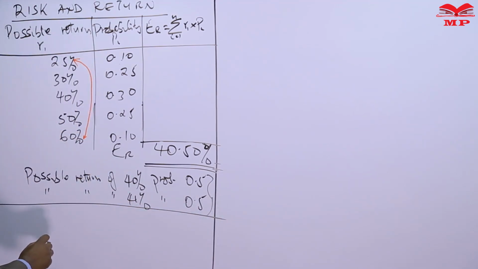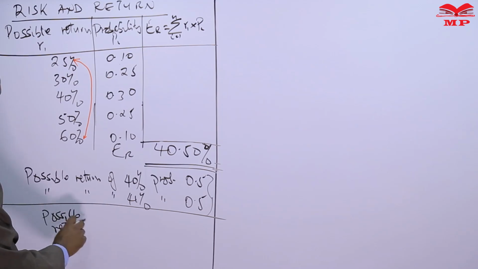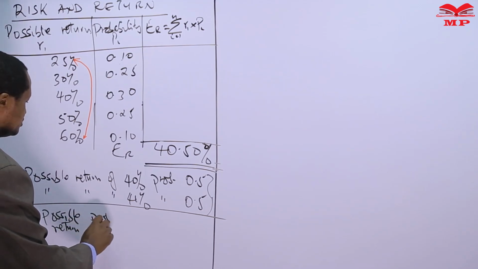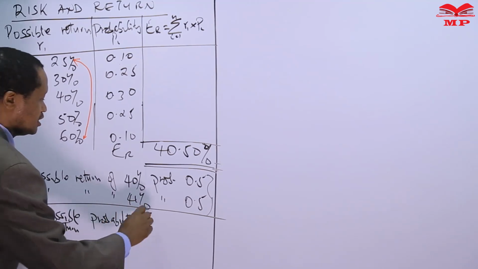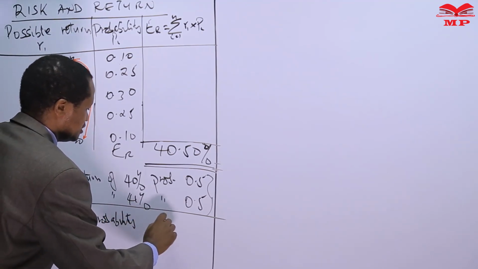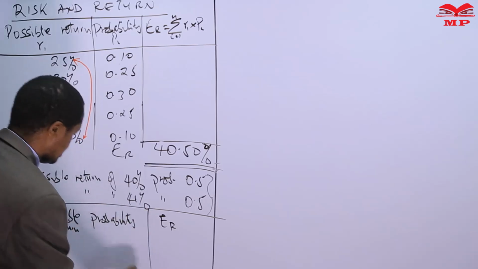the expected return here will be equal to, you have the possible return, the probability, and the expected return there.